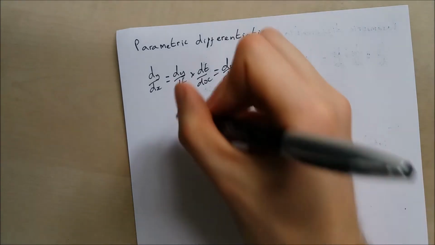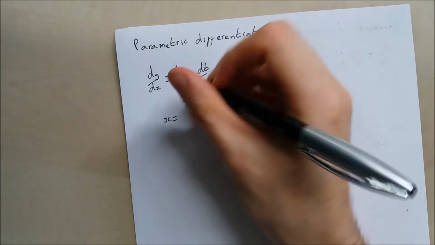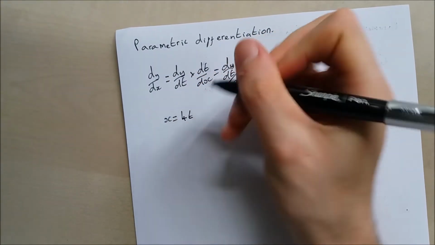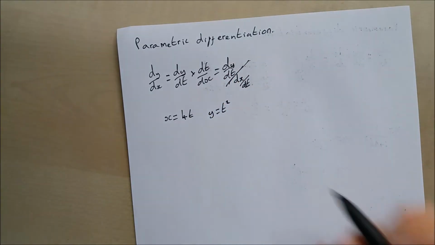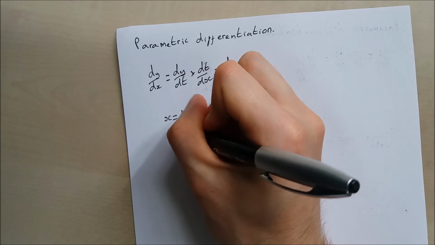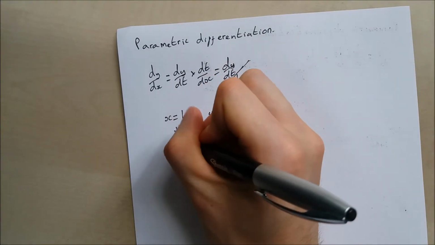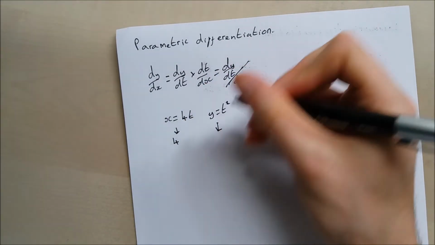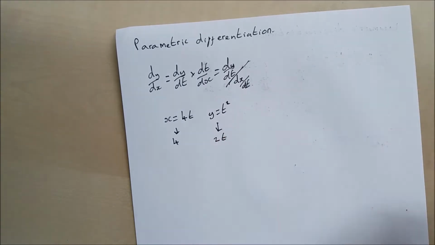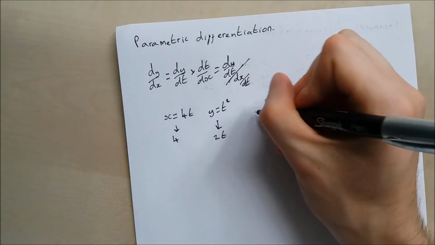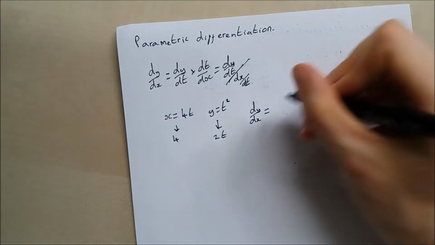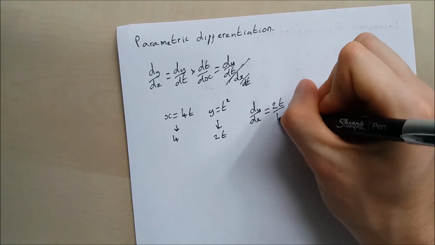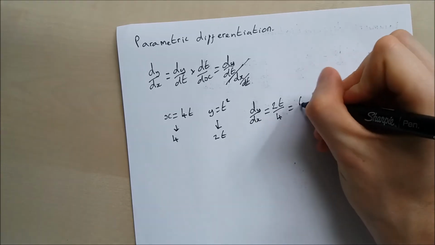So if we take the example x equals 4t and y equals t squared, if we differentiate each of these, you get dx/dt is just 4 and dy/dt is 2t, and putting these into this equation you get dy/dx equals 2t over 4, which is just t over 2.